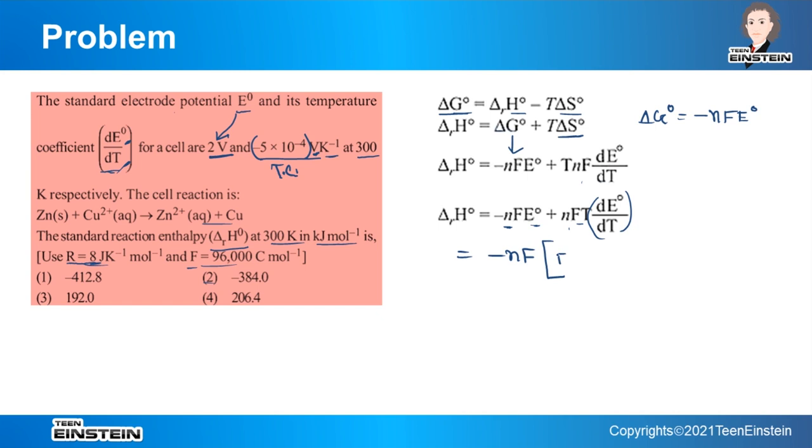Then inside there will be E naught minus T del E naught by del T. Now the N value is 2, F is 96000, E naught is 2 volt, minus T is 300 Kelvin.